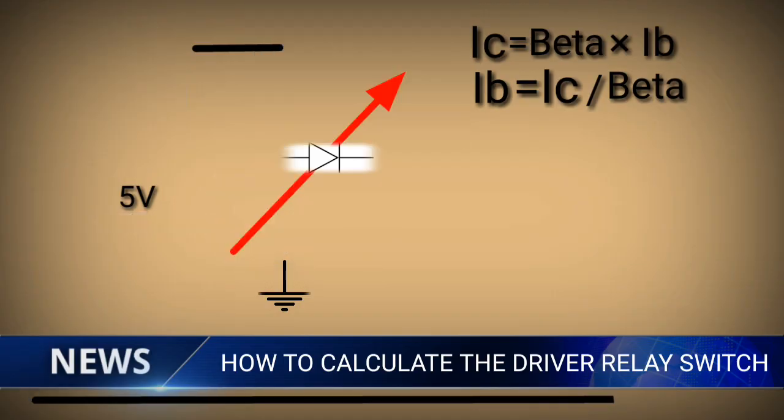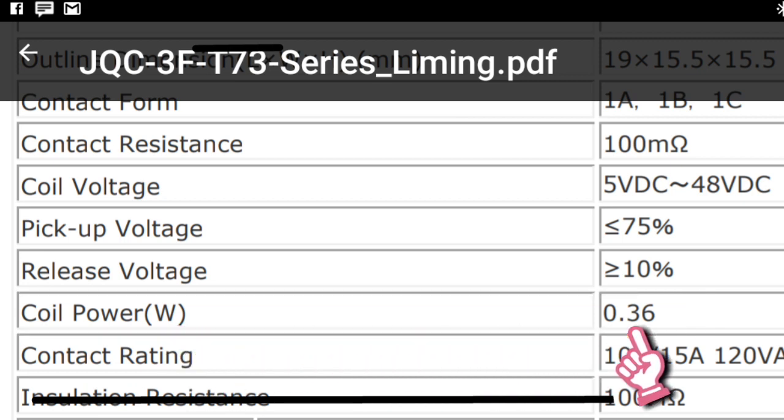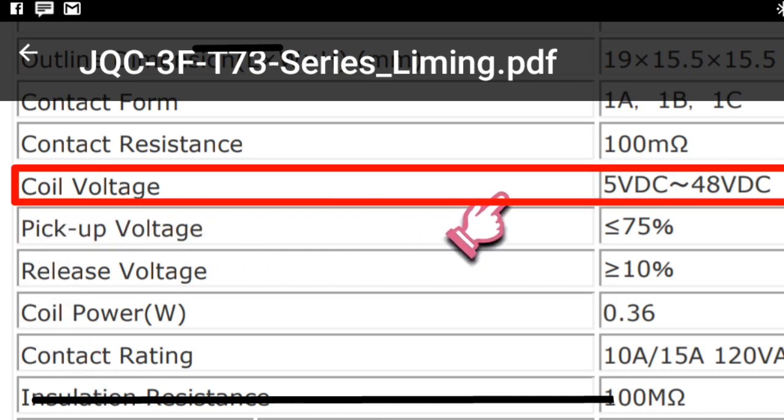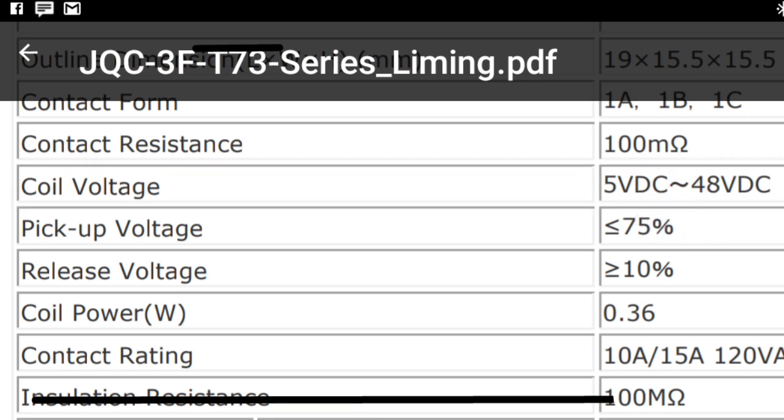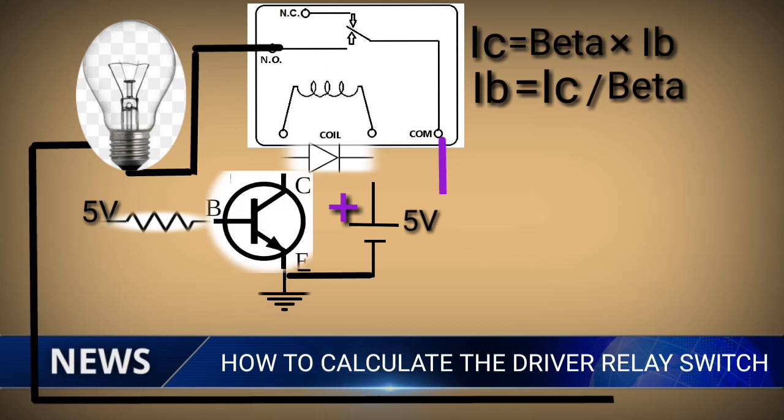According to the datasheet of the JQC-3F relay switch, the coil power is 0.36 watts and the coil voltage is 5 to 48 volt DC. So therefore, the collector current must be equal to or greater than the current of the relay switch.